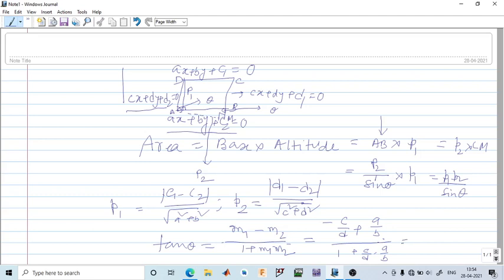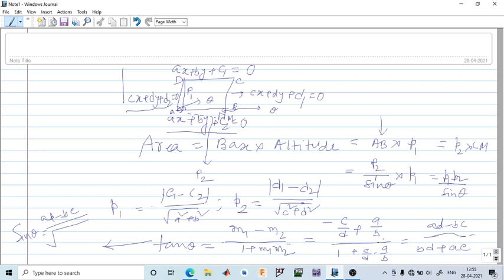So from here we get tan theta as (AD minus BC) over (BD plus AC). From here, if we get tan theta, then by conversion we can easily calculate sin theta.